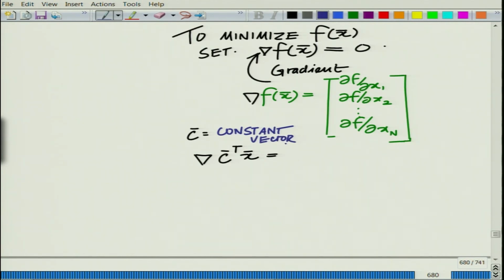Gradient of c bar transpose x bar equals gradient of x bar transpose c bar, since both these quantities are equal, this is equal to c bar.